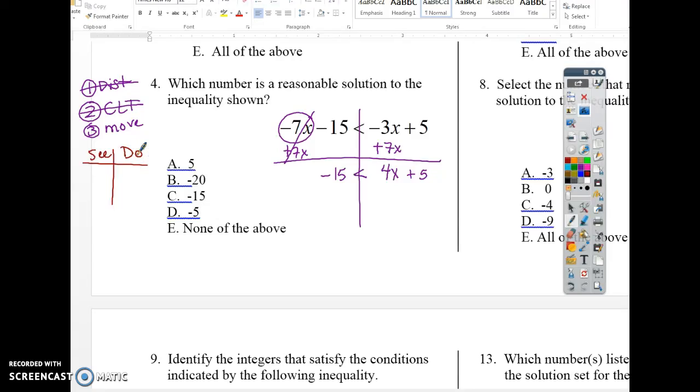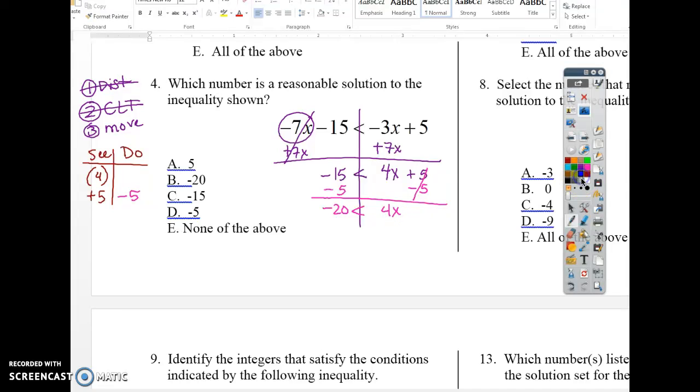What do you see happening with the x? It's multiplying by 4. And they added 5. So you're going to subtract 5 first. Minus 5 here, minus 5 here. This one cancels, and this one gives you negative 20, because negative 15 minus 5 is negative 20. Bring down the sign and bring down the 4x.